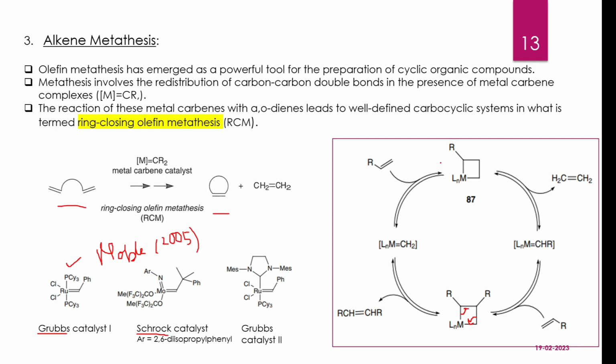This will add to the other alkene, and this will be a cyclic process. Understood? First, this metallocarbene adds to one alkene system. Then through elimination, we get a modified metallocarbene complex that adds to the other alkene.